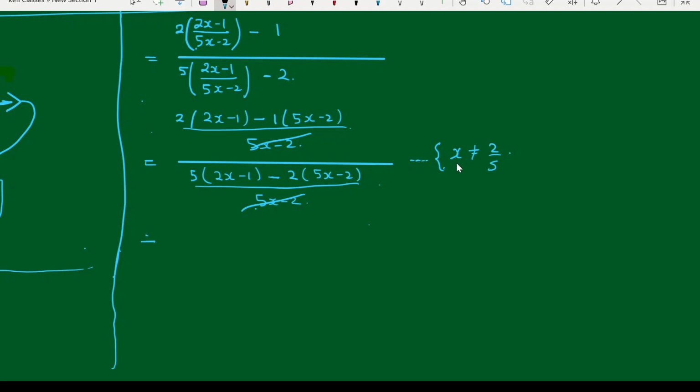So this is equal to. So this becomes 2 into 2x, that is 4x, minus 2 minus 5x plus 2, divided by 10x minus 5 minus 10x plus 4.